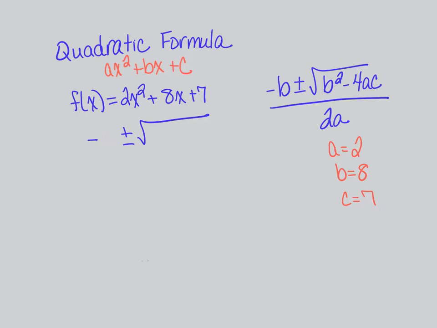Sorry. Okay, so I've got negative 8, because our b is 8, plus or minus the square root of 8 squared minus 4 times my a value times my c value. Okay? And all of that is over 2 times a.